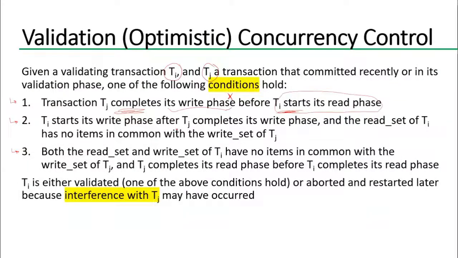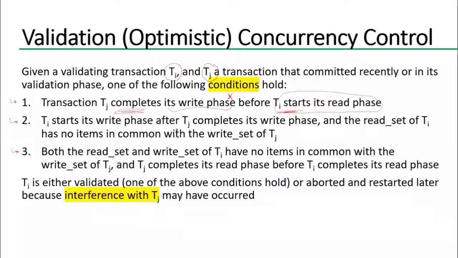So it's similar, but here is a big difference: the read set of TI has no common element with the write set of TJ. It means that TJ was writing elements that TI is not reading. And the third condition: both read set and write set have no items in common.